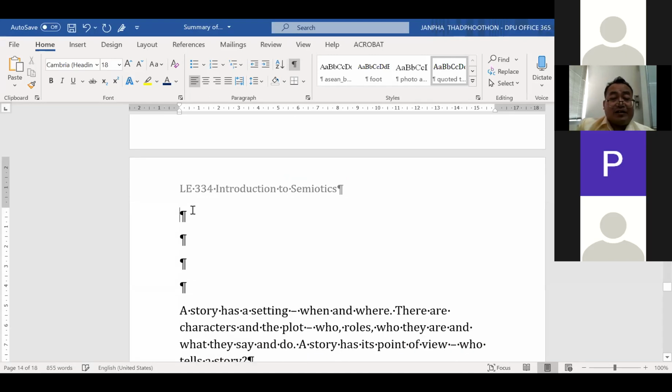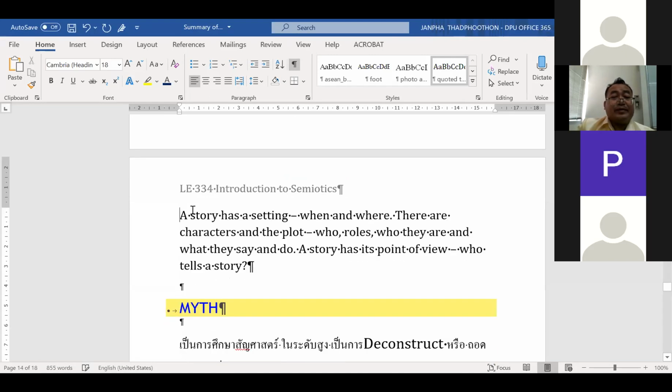So a narrative, as I just mentioned, you need to have a setting, when and where. There are characters and the plot, the roles, what they say, what they do, as I just told you.